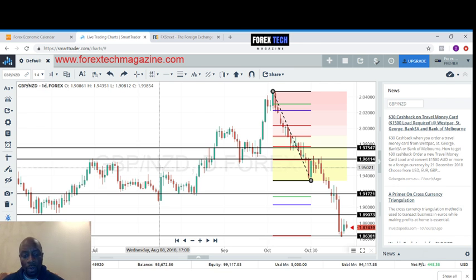Same thing when we draw these support and resistance lines, because it's important for us to know whether buyers are coming in at a place of support or sellers coming in at a place of resistance, or vice versa, right? Because then that's going to give you more confirmation whether or not you should be buying or selling this particular market, right?